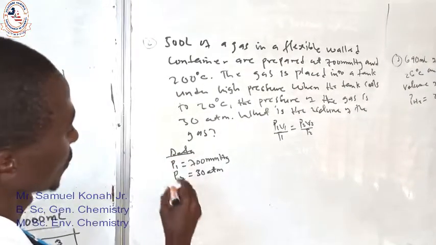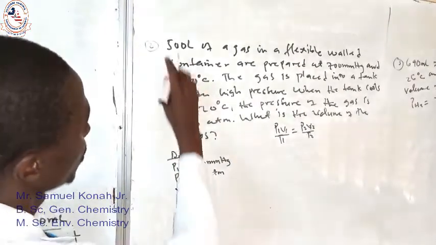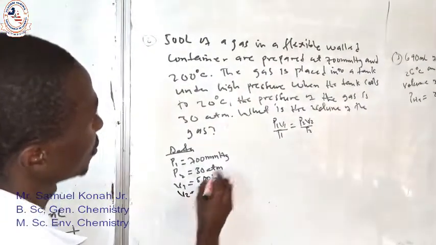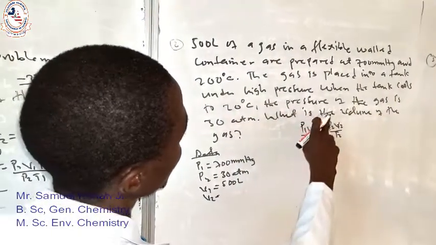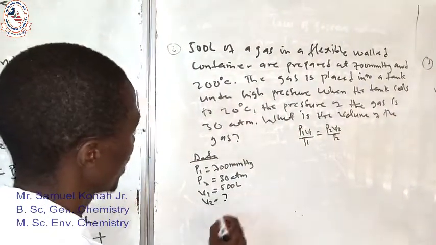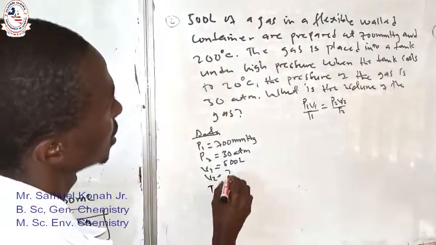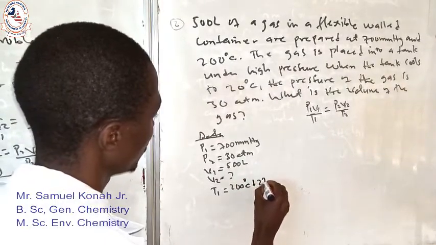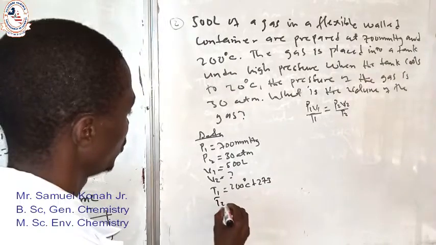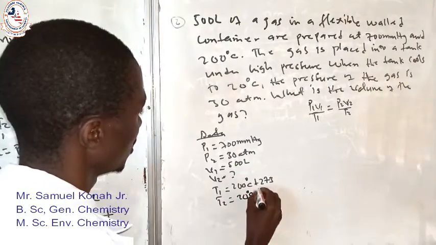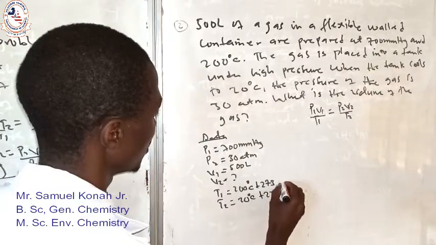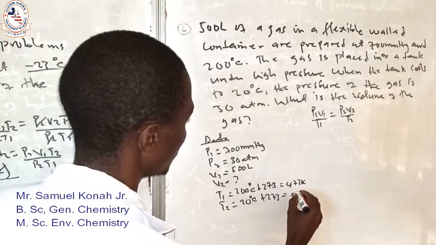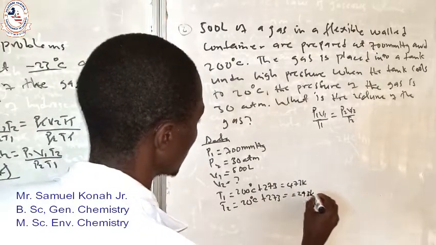And then we come to our V1. Our first volume is given to be 500 liter, and they ask us to calculate for the volume, so V2 is equal to question mark. Our first temperature T1 is 200 degrees C, and we convert it to Kelvin by adding 273, and our T2 is 20 degrees C, and we add 273 to convert to Kelvin. So here we'll have 473 Kelvin, and here 293 Kelvin.